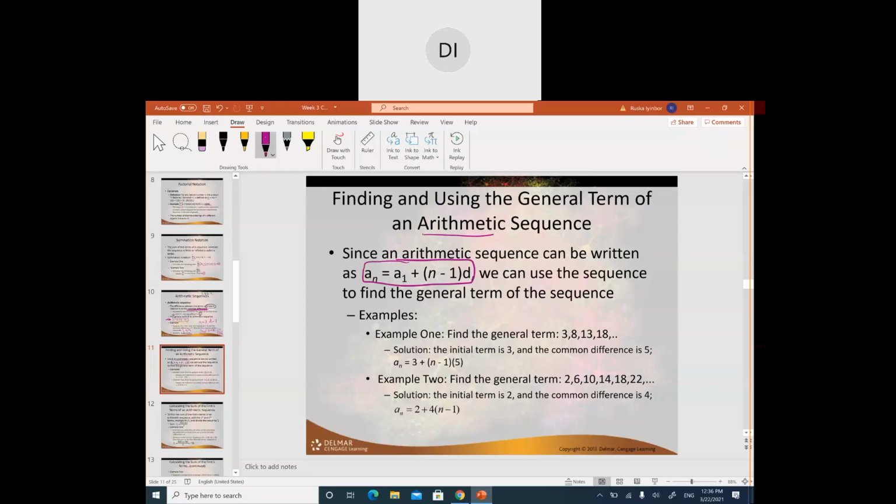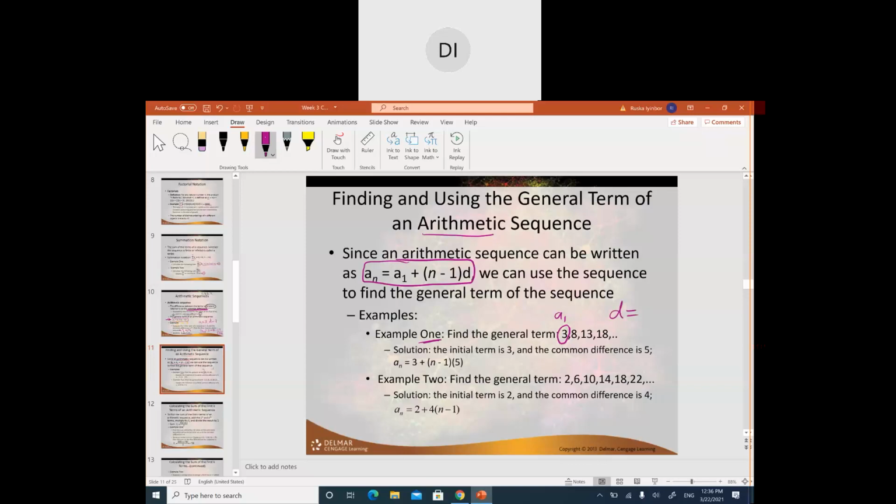Okay, so the first example we have, they give us the sequence and they ask us to find the general term, so find the formula. Okay, so how do you find it? To find the formula, you need A1 and D. So A1 is 3, right? And what is D? The common difference is the distance between two of those.